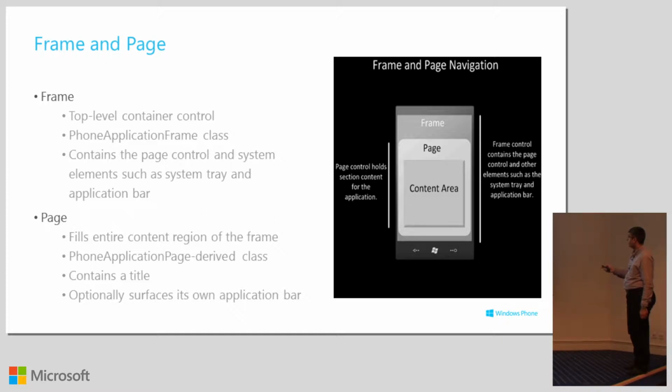Inside that, you have what you call the page object, and the page object holds individual controls within the page. So in here, we have the page and then the individual controls within the page. And the page sits in the frame object.